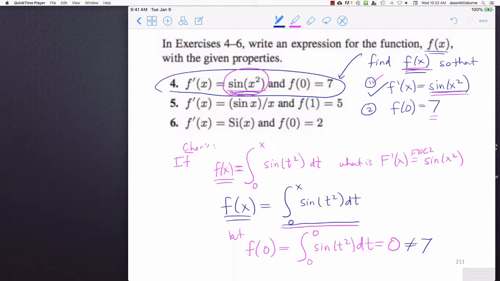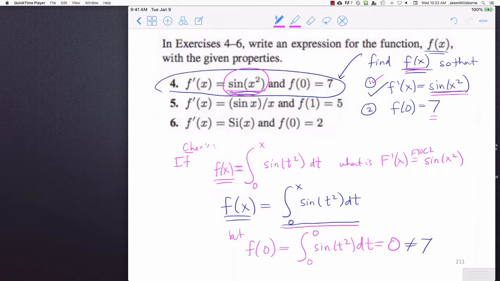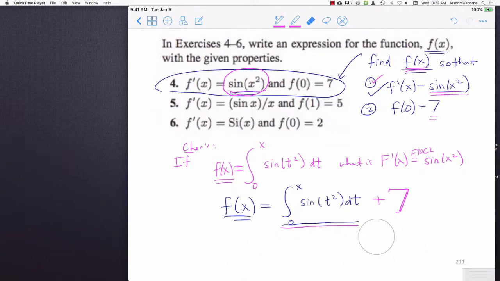We need to find some way to adjust that function so that when you put in 0, you get 7. The easiest way to do that is to take your original function and just add a constant 7. This is my guess at the function.